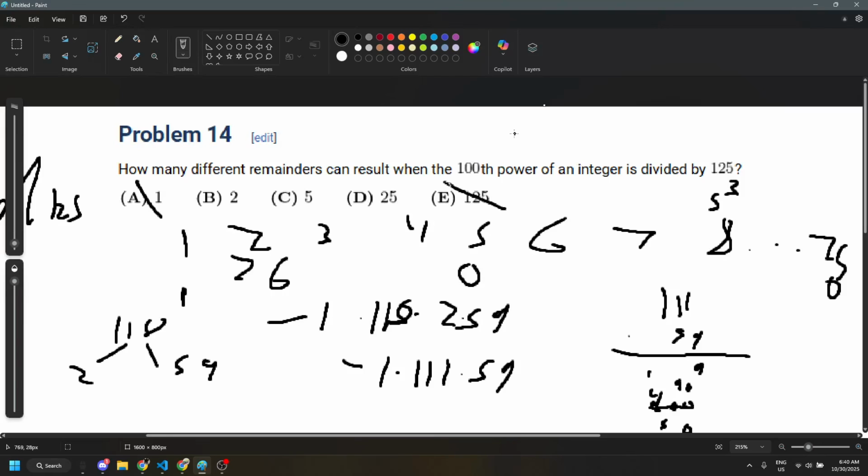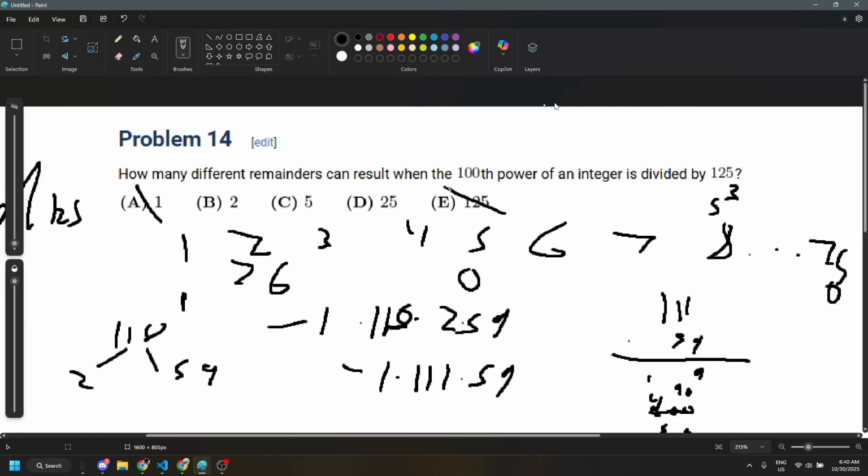Because then it'll be 5 to the 100 times whatever over 5 to the 3, which will cancel out. So I'm saying it's gonna be 5.